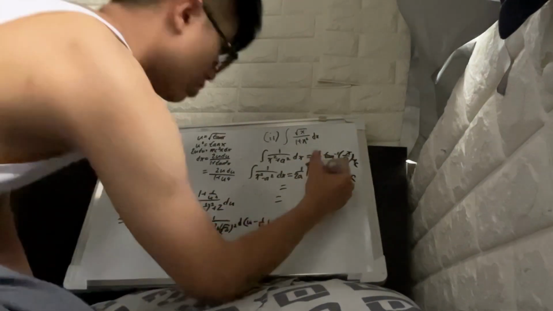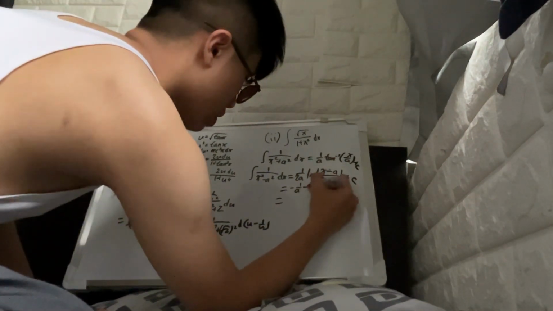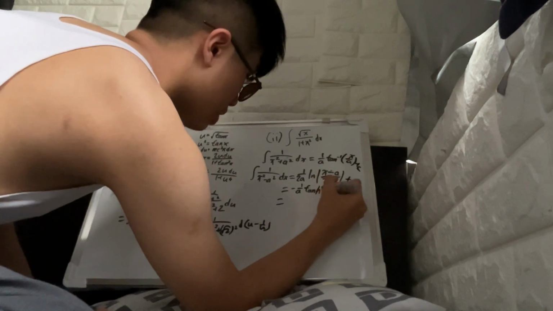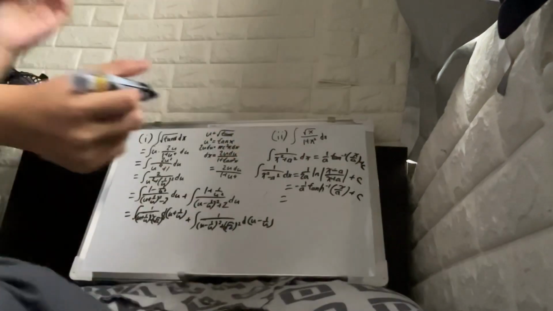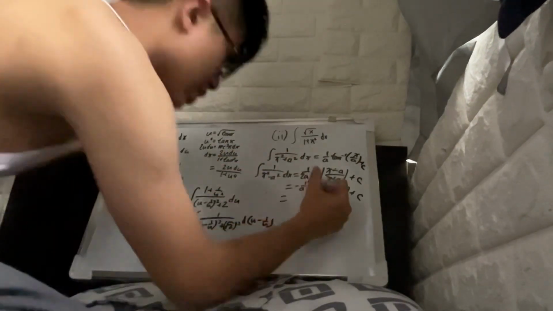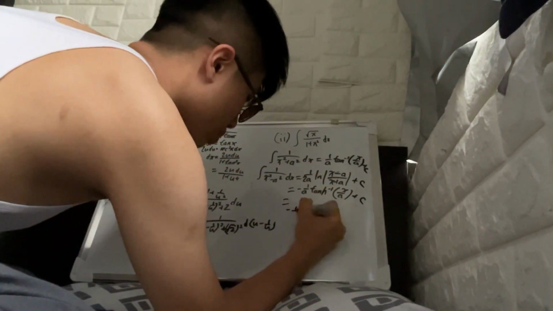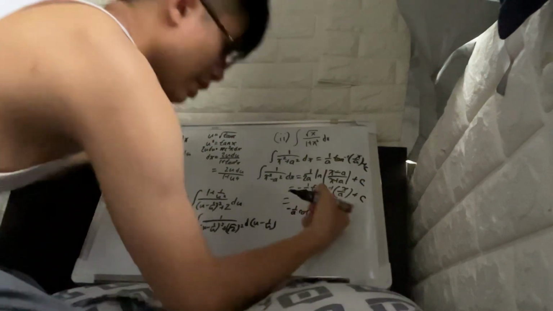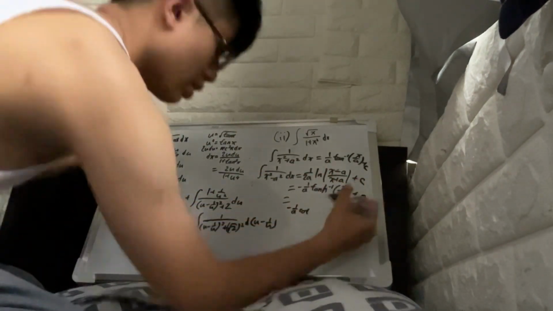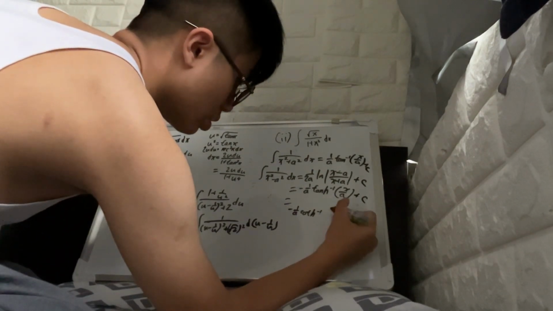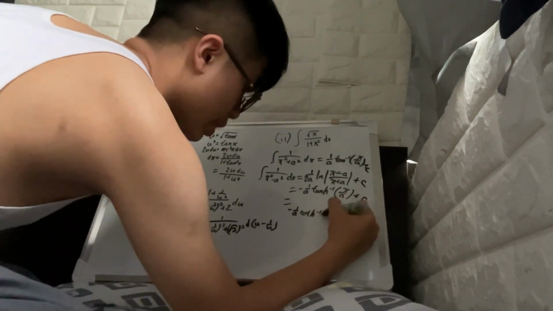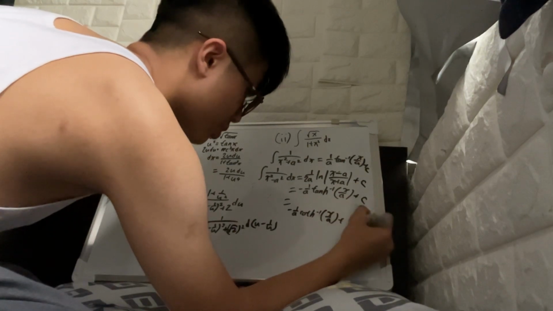So switch the order, you get negative 1 over a inverse hyperbolic tangent of x over a plus c. And another one is negative 1 over a. I leave a blank here, you will see why. Negative 1 over a times inverse hyperbolic cotangent of x over a plus c.